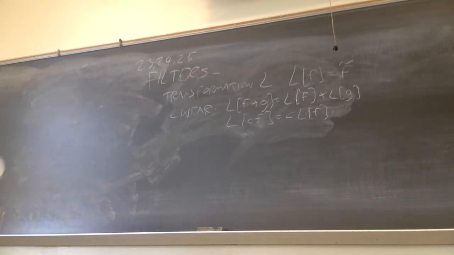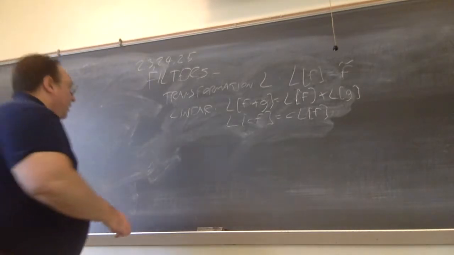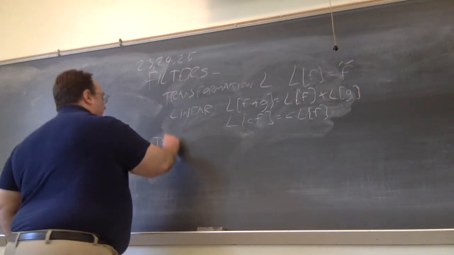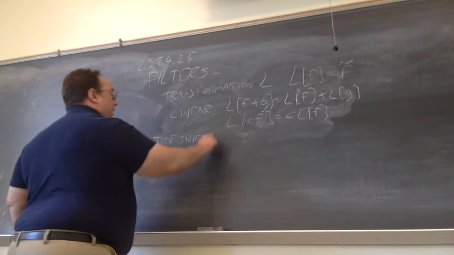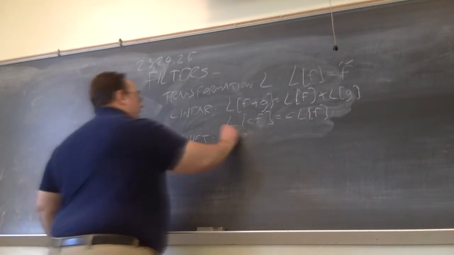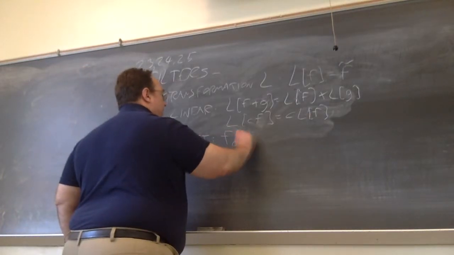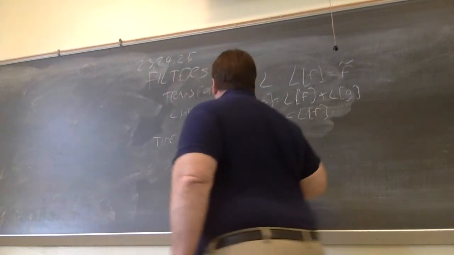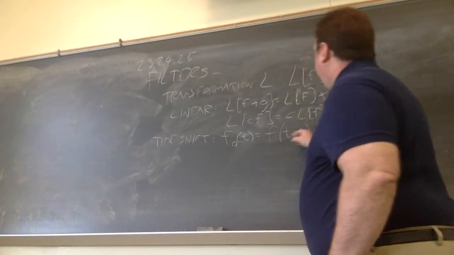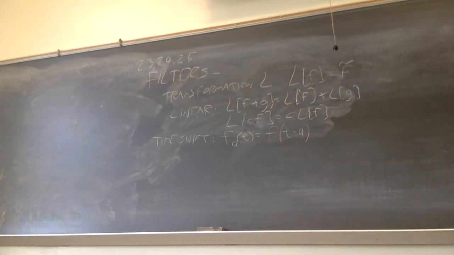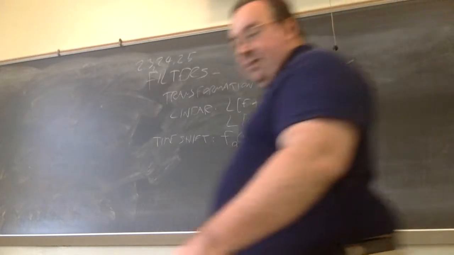Now, another piece of notation I'm going to add that will help you later is time shifting. It's a very common thing. So f sub a of t is defined to be the function f evaluated at t minus a. So f sub a is what you get by taking f and shifting it to the right by a units.